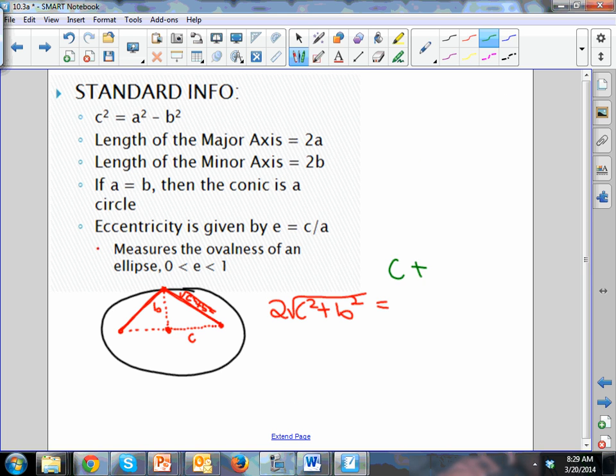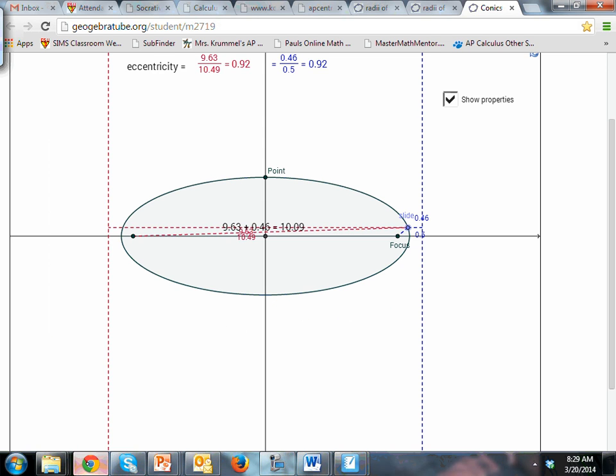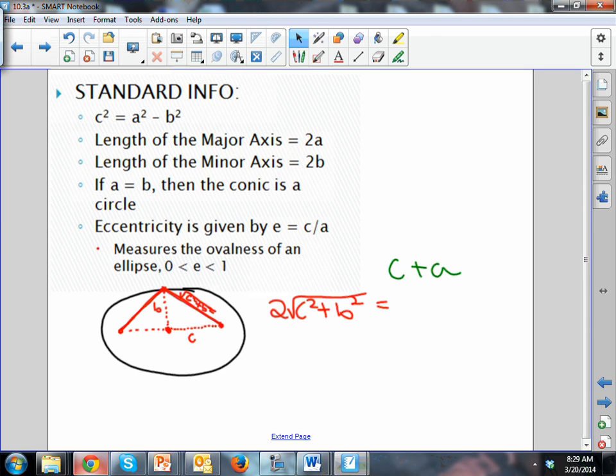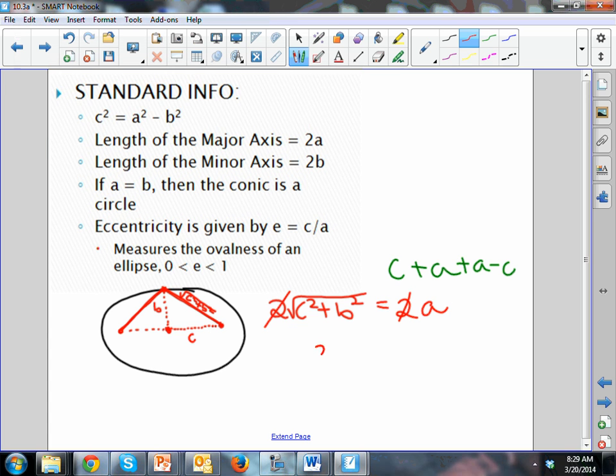We have c plus a, right? Now we have our blue line that stretches from focus to vertex. That distance is a minus c. Together that's 2a. The 2's go away, I square both sides, and there's our c squared equals a squared minus b squared.